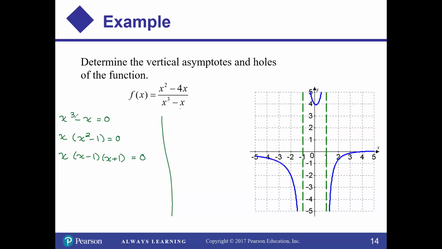So x cubed minus x factors into x times x minus 1 times x plus 1. The zeros would be 0, negative 1, and 1.